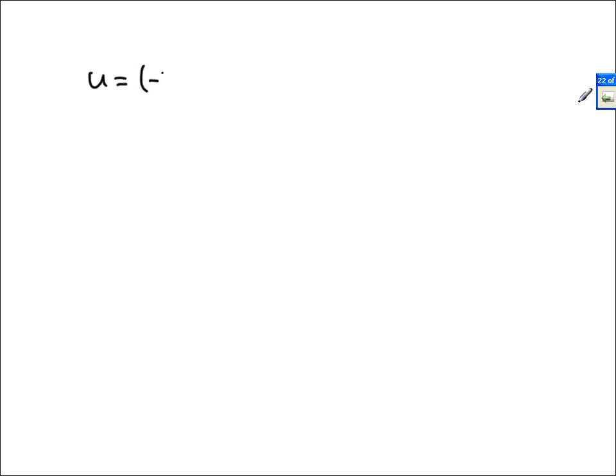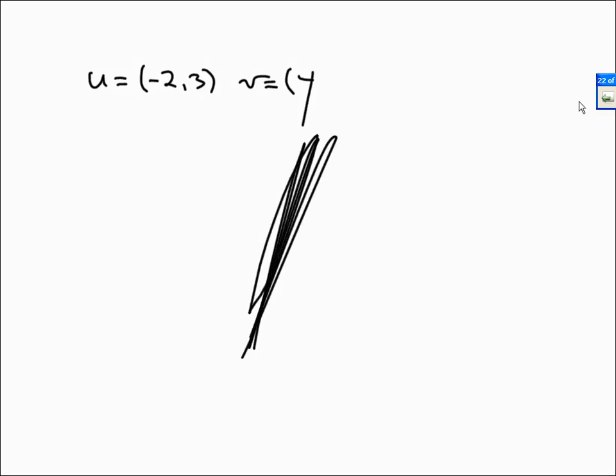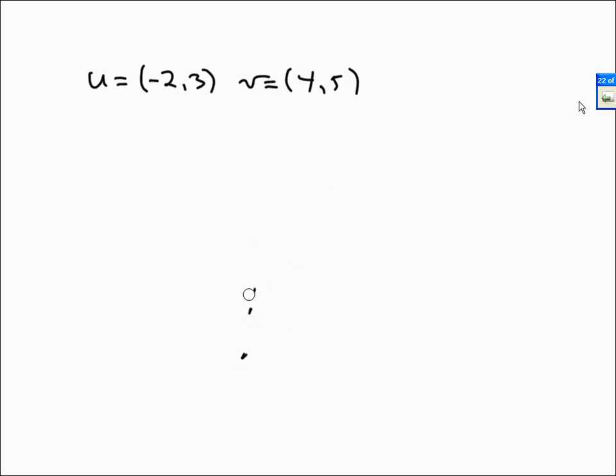If u is negative 2, 3, and v is 4, 5, and you want the angle in between these two vectors, let's first find the cosine of the angle.